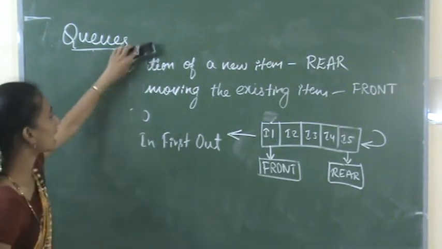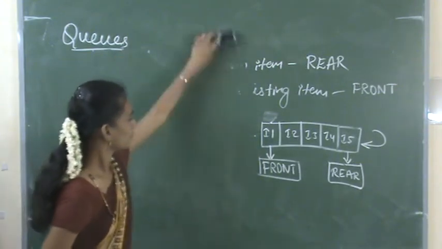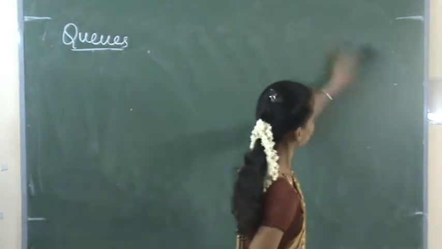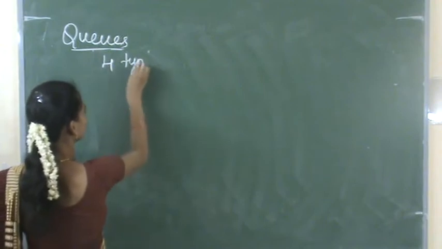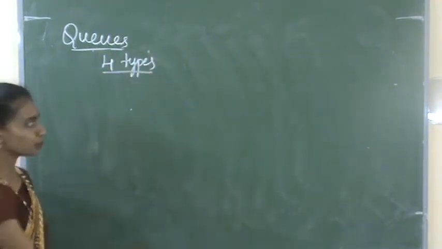In this we have 4 different types of queues.